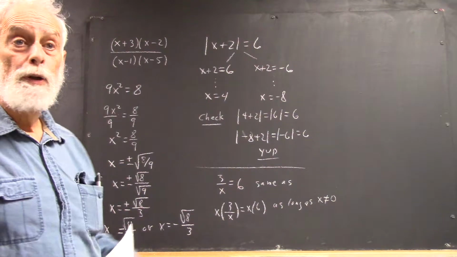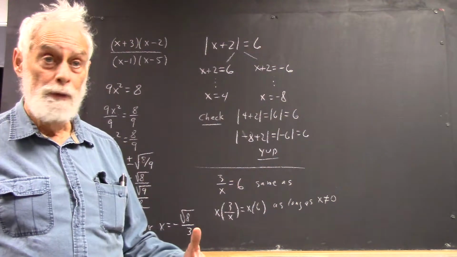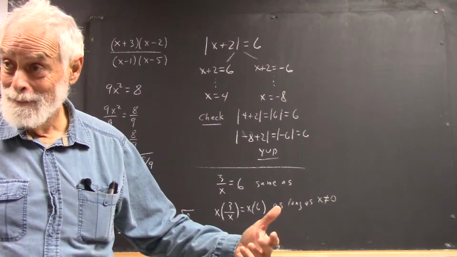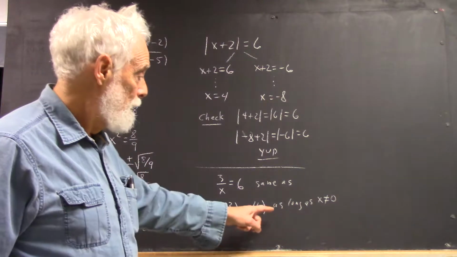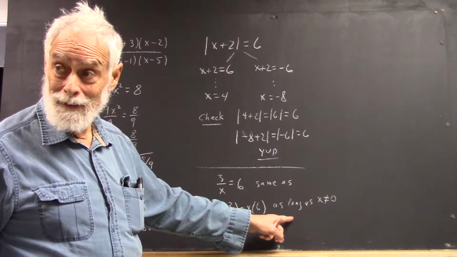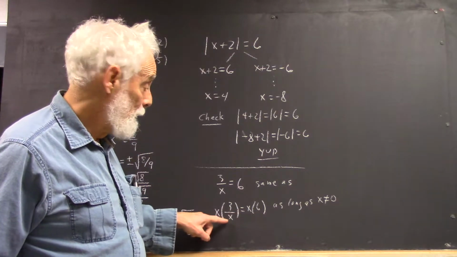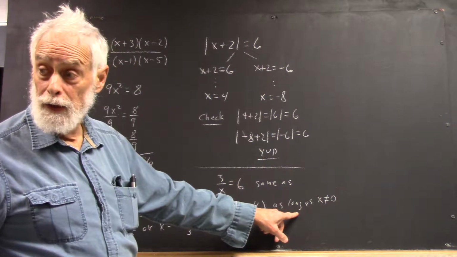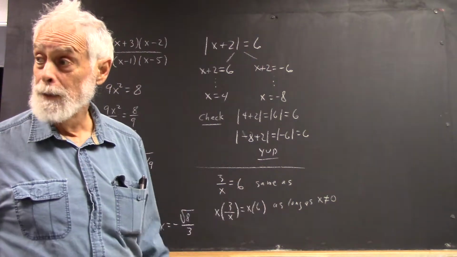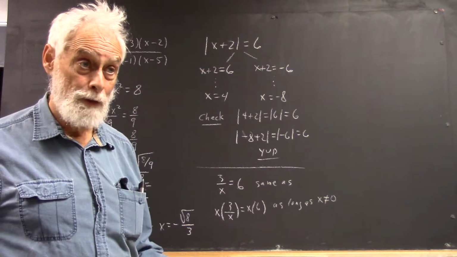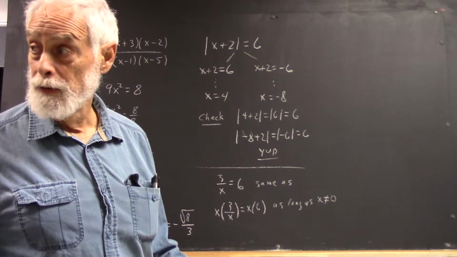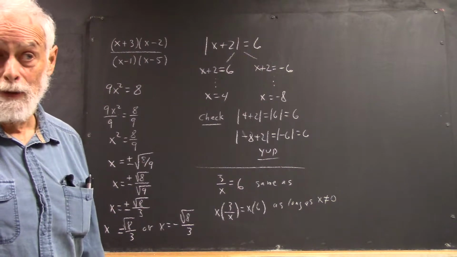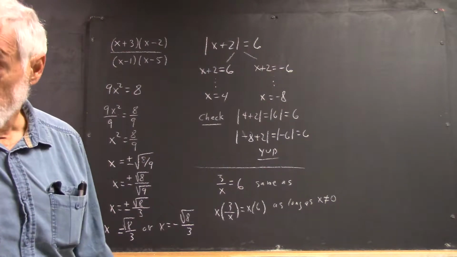Because if you multiply both sides of an equation by 0, you automatically get 0 equals 0, right? So you want to kind of incorporate this idea into your vocabulary. Whenever you're multiplying by denominators, you do have to exclude values of x that make the denominator 0. Okay? Otherwise, you can get extraneous solutions. Now, we'll see more about that later. Right now, just get in the habit of thinking about that when you multiply through by a common denominator.